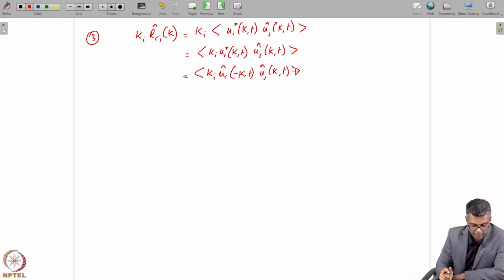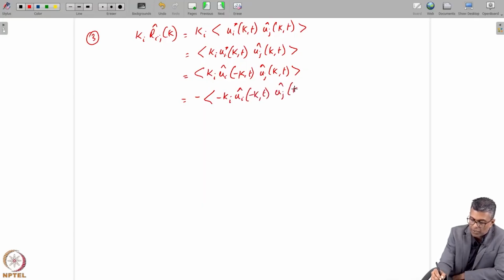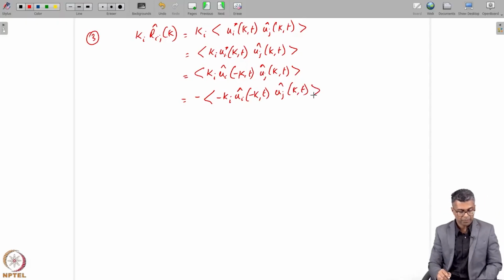Okay, now here is what I do. I put a minus outside and take an additional minus into it. So I'll have minus kappa i Ui hat of minus kappa comma t, Uj hat of kappa comma t. Okay, look at what I have done. I have taken minus kappa i Ui.